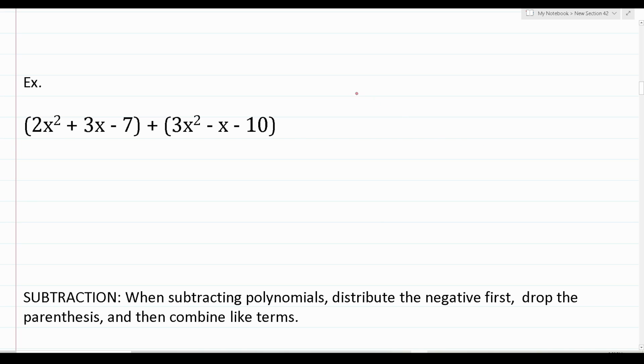So let's go ahead and do that, and I'm going to do that up here. So the very first thing I'm going to do is drop these parentheses. We have 2x squared plus 3x minus 7 plus 3x squared minus x minus 10. Again, we just dropped those parentheses. Now we're looking for like terms that we can combine.